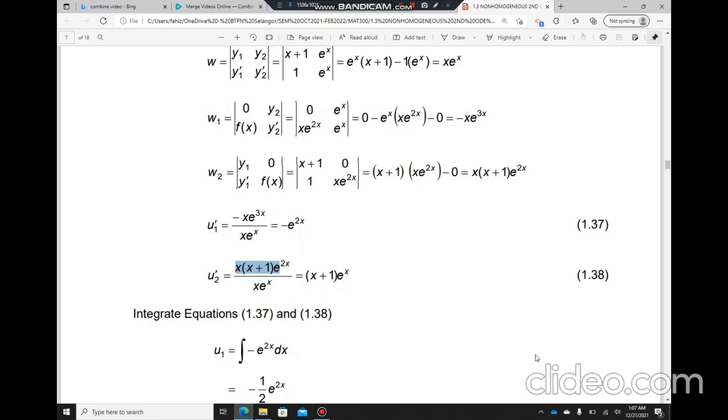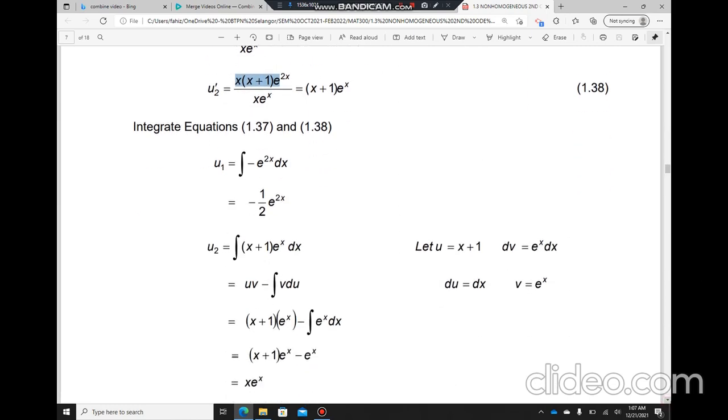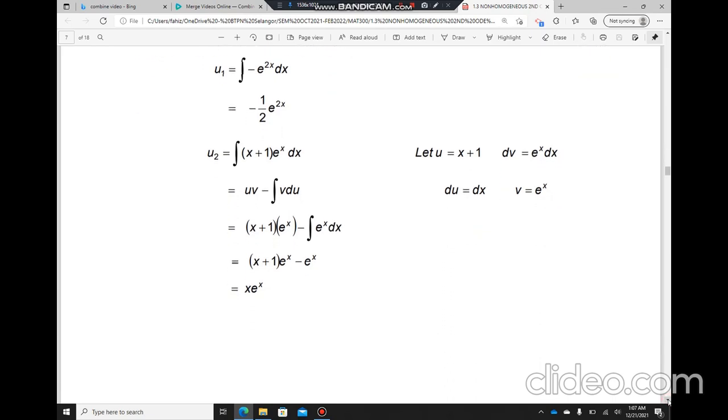So kita aim kita nak dapatkan u1 and u2. Okay, so kita just integrate. Yang ni mudah, untuk integrate eksponen negative 2x, kita tengok formula untuk eksponen, kita just differentiate yang atas ni, dia akan dapat negative 1/2 e^2x. Okay, so yang ni untuk u1 and then u2 you need to use formula yang kita panggil integration by parts.